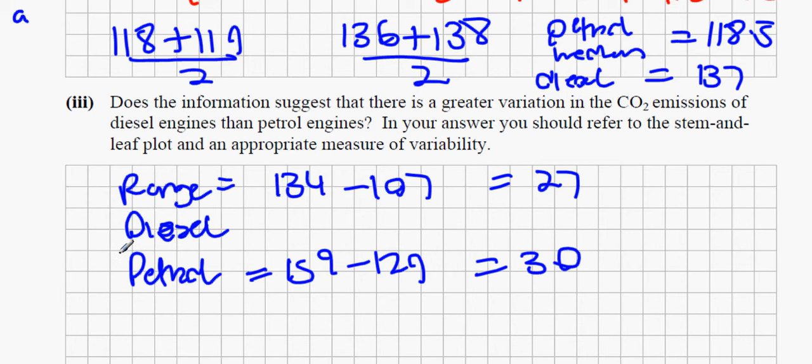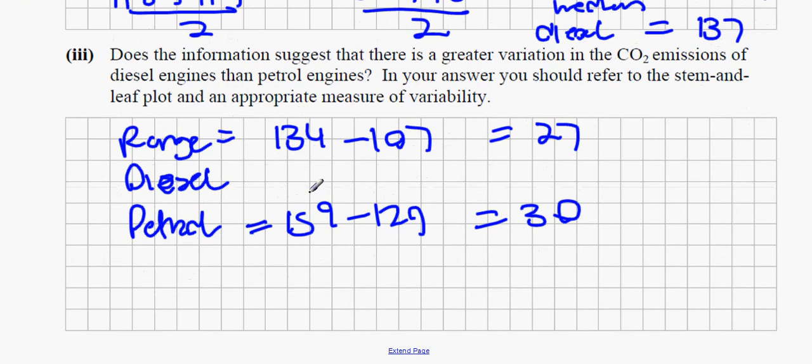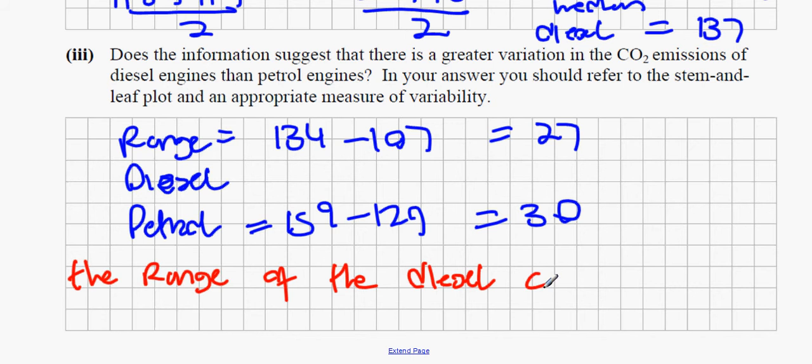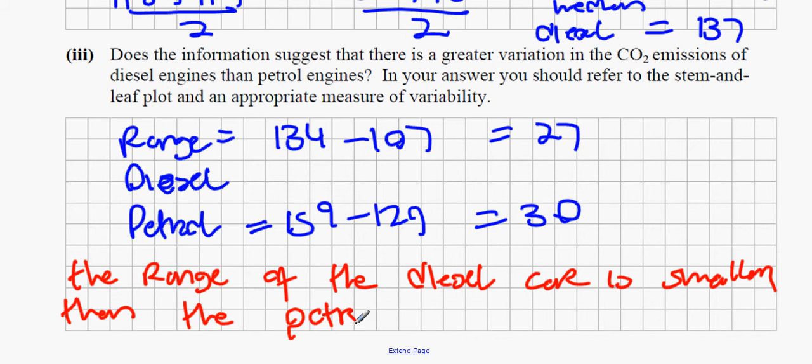Okay, so what we can say is that the range of the diesels is smaller than the petrol. The range of the diesel car is smaller than the petrol.